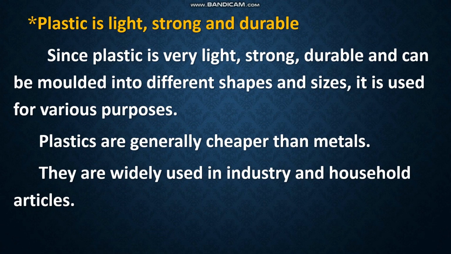Next characteristic, plastic is light, strong and durable. Since plastic is very light, strong and durable and can be molded into different shapes and sizes, it is used for various purposes. Plastics are generally cheaper than metals. They are widely used in industry and household articles.